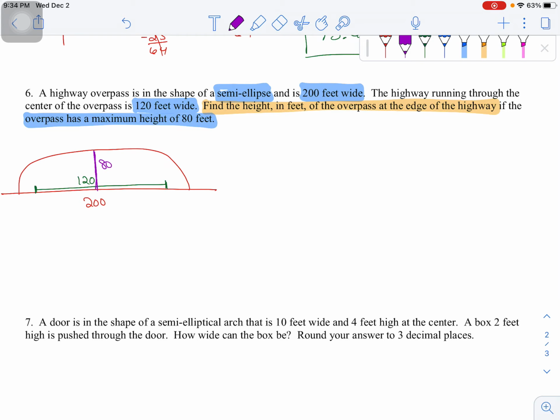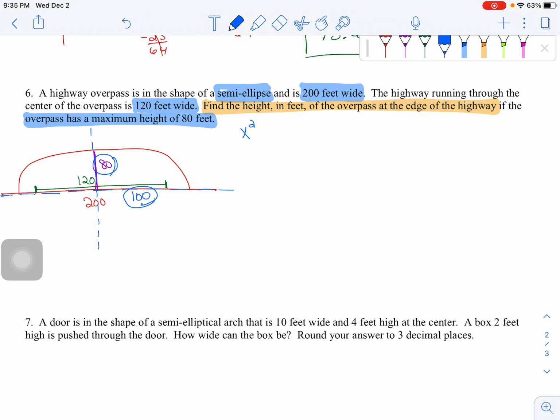Now, I'm going to temporarily ignore the 120 because I want to create the equation of the ellipse. So first things first, where this highest point is, that's my y-axis. This ground level, I'm going to make the x-axis. So that puts my center at the origin. The whole semi-ellipse is 200 feet wide, which means half of it, from the center to one edge, would be 100.